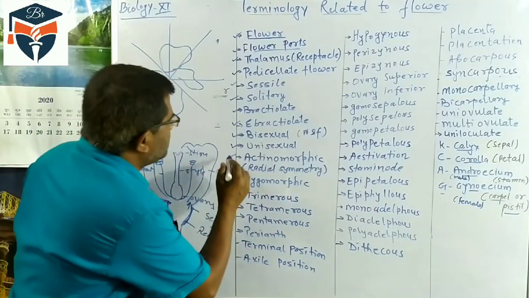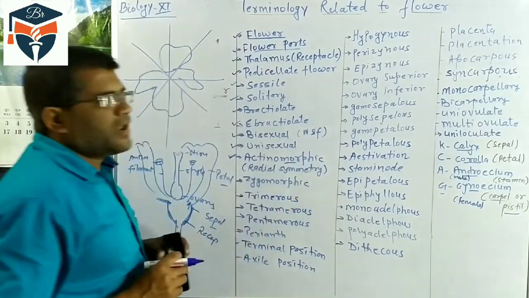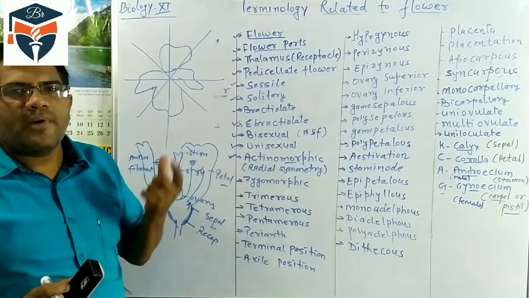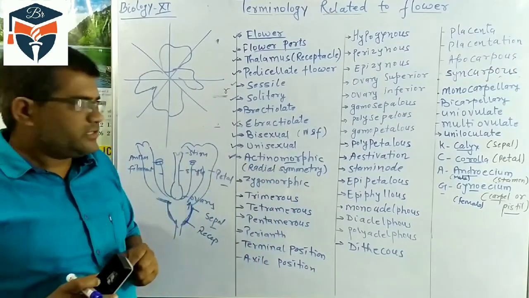This is called the actinomorphic flower. It means two equal halves are made by any axis.